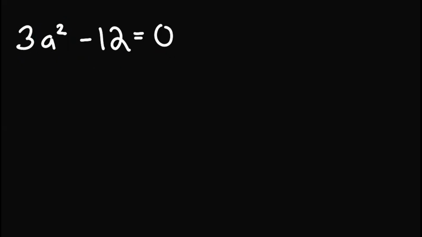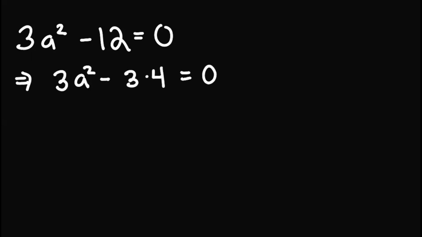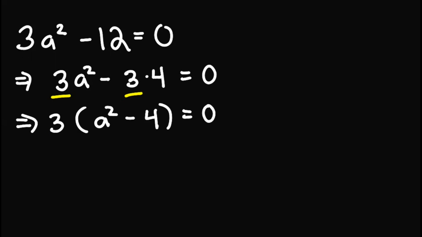So to factor this one, first, note that 3 is a common factor in each term. Indeed, we can write this as 3a squared minus 3 times 4 equals 0. So we can extract this 3 outside. So we'll have 3 times a squared minus 4 equals 0.